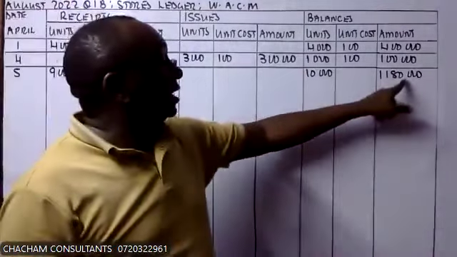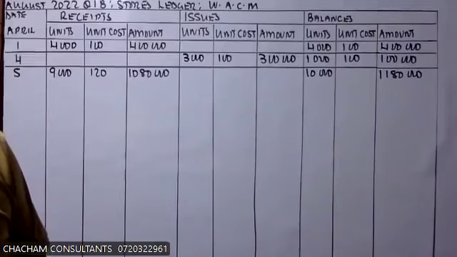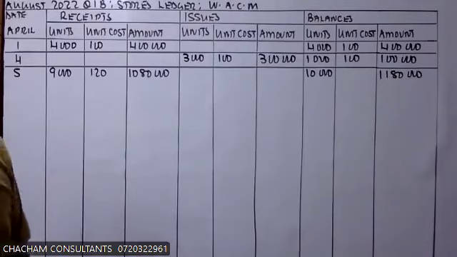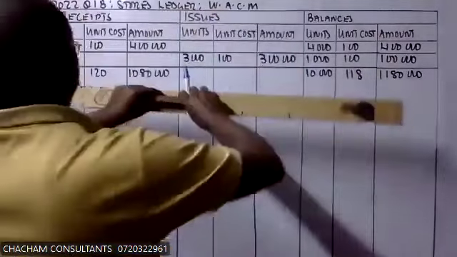Then you divide this by this. Tell me how much that is. $118. Yes, that is how you get the average.